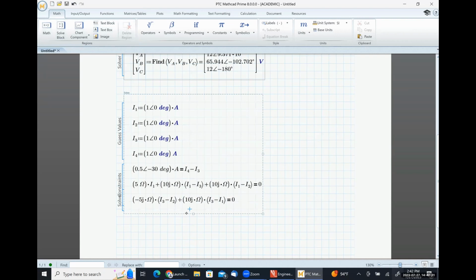And I need to make my solve block a little larger to take into account the last equation. So that was my super mesh equation around super mesh 3, 4.